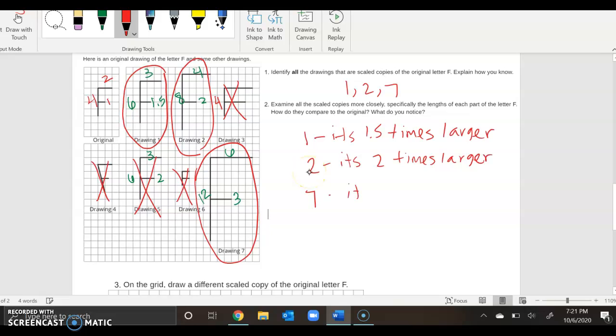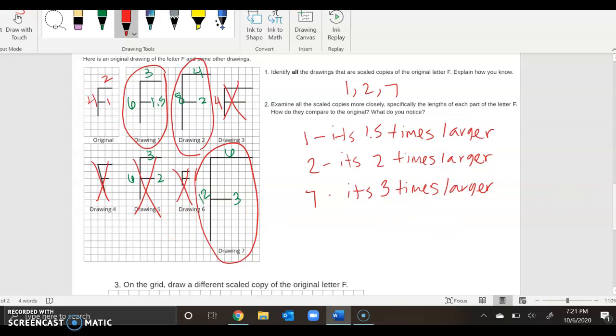Drawing 7, we said, is 3 times larger than the original because we multiplied all sides by 3. So in order for something to be scaled, it has to change on every side by the same amount. Here, it worked for 2 numbers, but it did not work for that third one, so it was not a scaled copy.